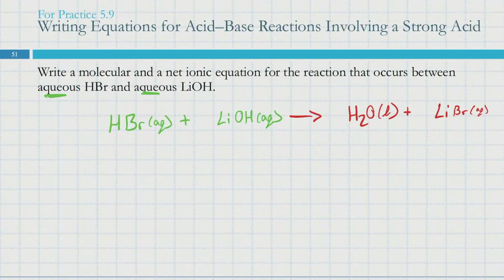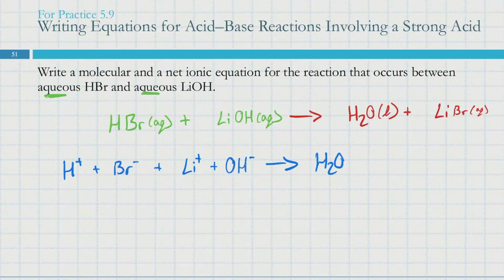So we'll go ahead and do the complete ionic equation just for fun. Okay, so that's everything that we've got on the left side. They're all aqueous, and so we separate them out into their ions. I'm omitting the AQs just because I don't want to write them all.